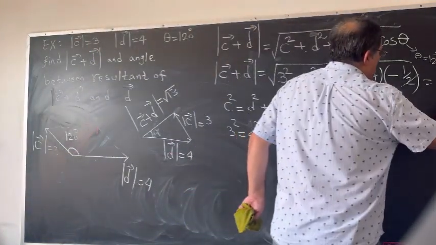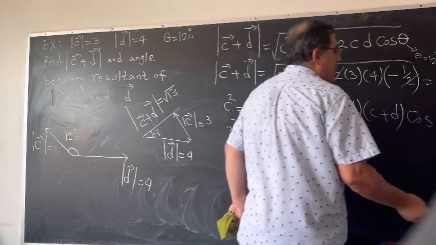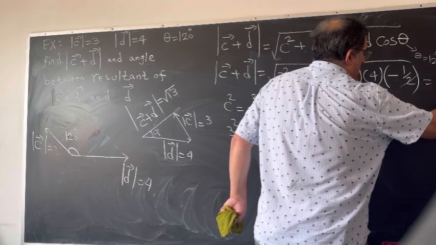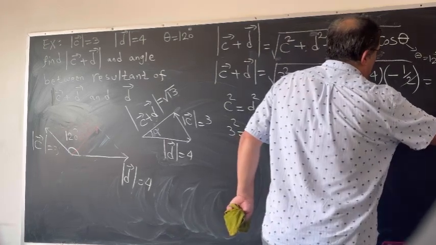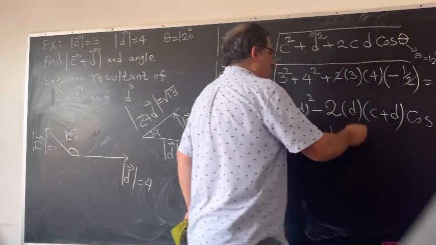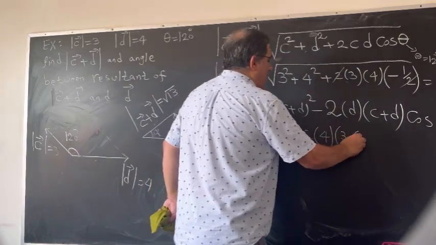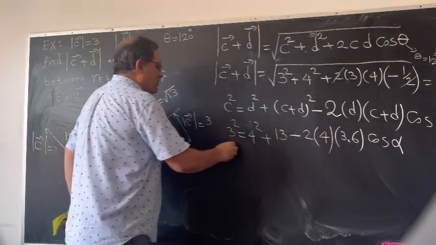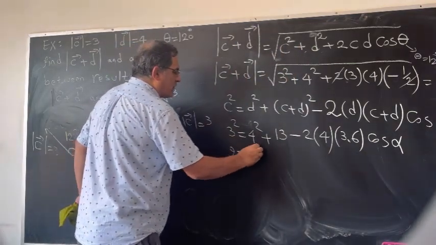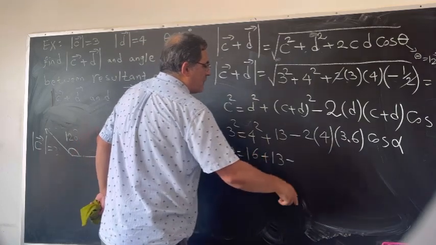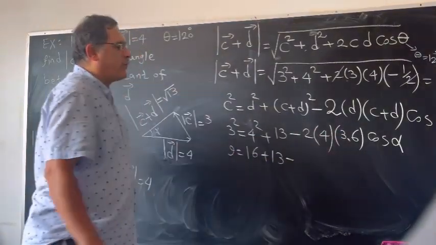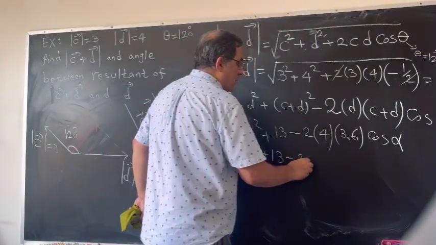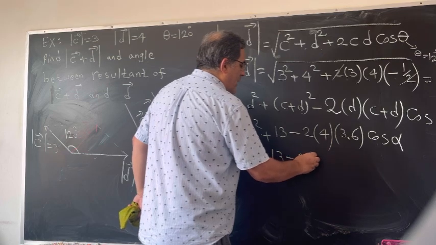It should be 3.6. And cosine alpha is unknown. You calculate: 3 squared is 9 equals 4 squared is 16 plus 13, minus 3.6 times 4 is 14.4, times 2 is 28.8.